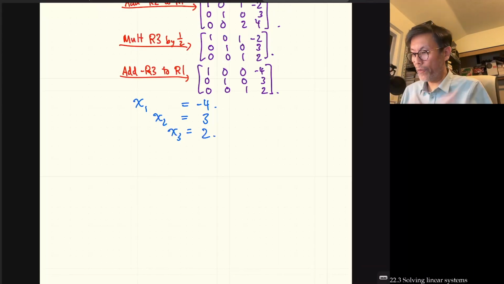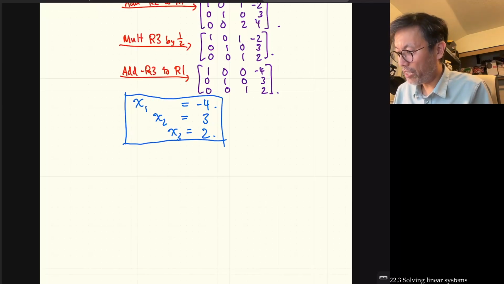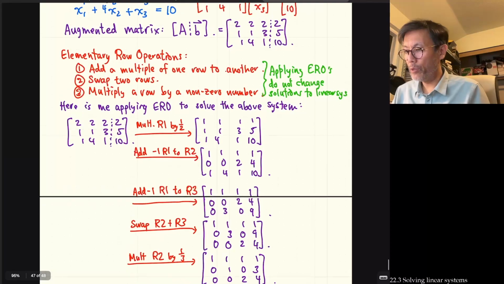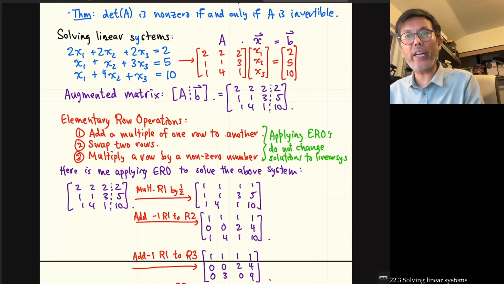And indeed, this is the solution. It turns out there's a unique solution to this linear system. Do you believe it? You don't need to believe it. You can just check it yourself.